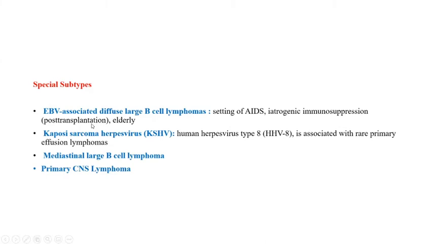It can also be associated with Kaposi sarcoma herpes virus infection, and the lymphoma is known as primary effusion lymphoma. It can also present as mediastinal large B cell lymphoma, and as primary CNS lymphoma, meaning that the lymphoma is originating in the central nervous system.